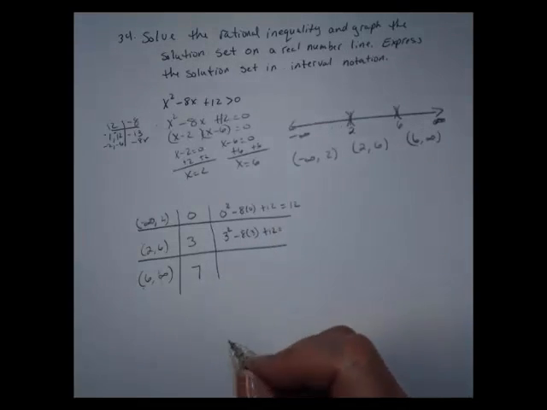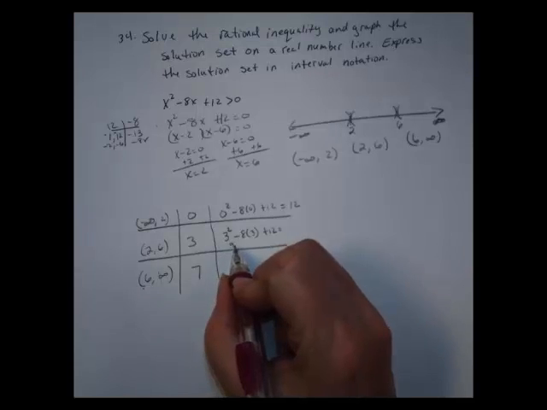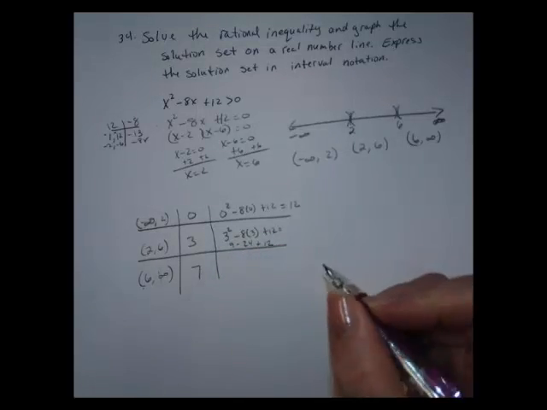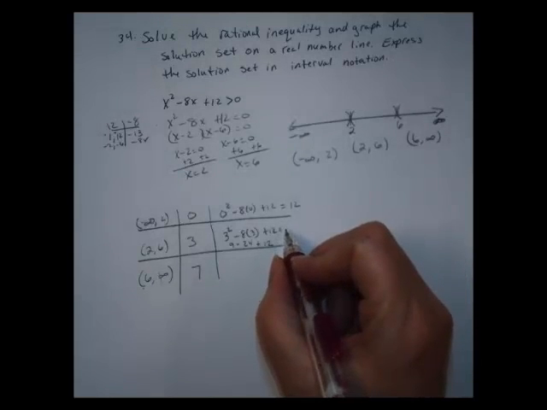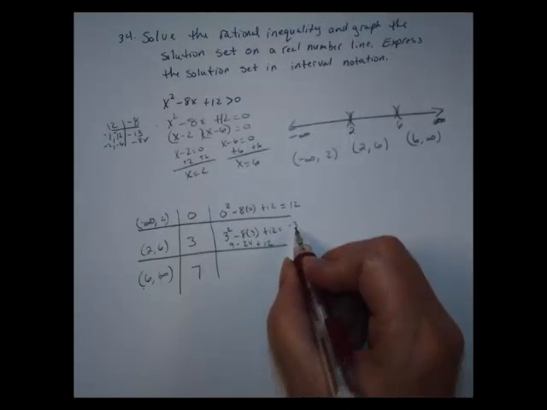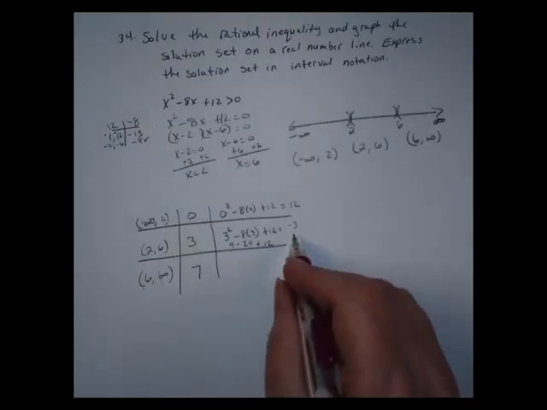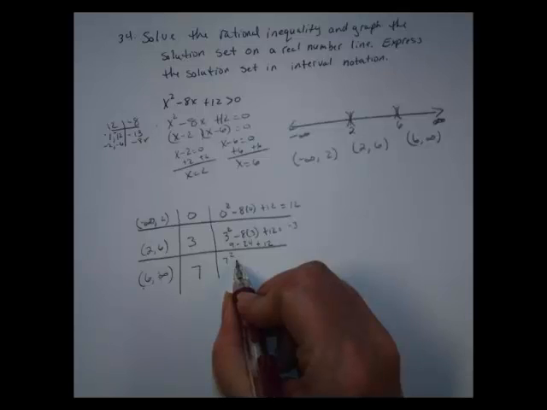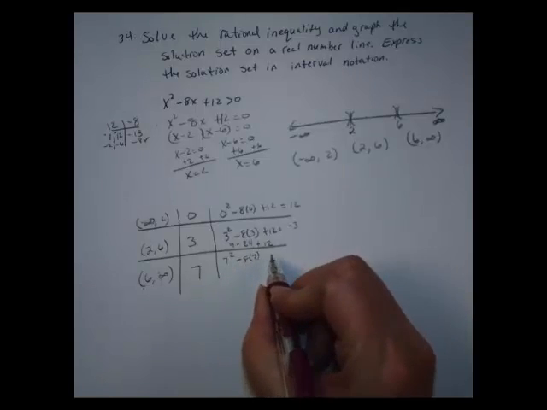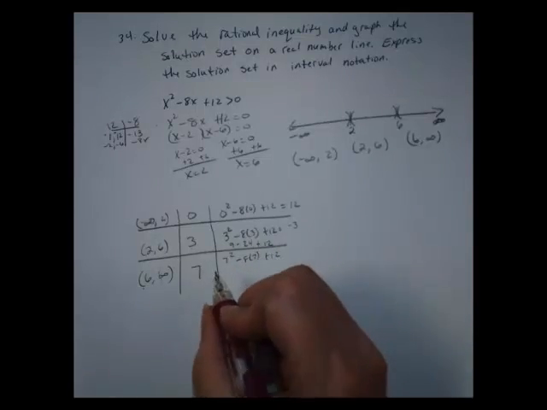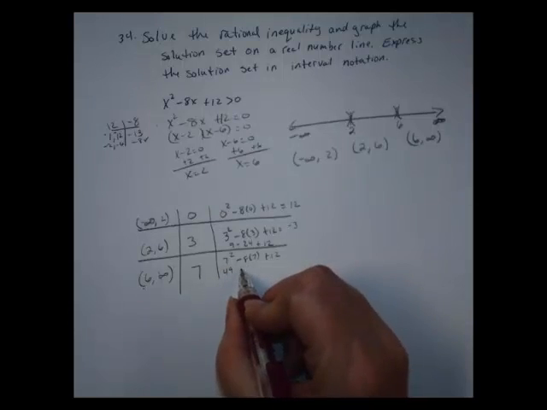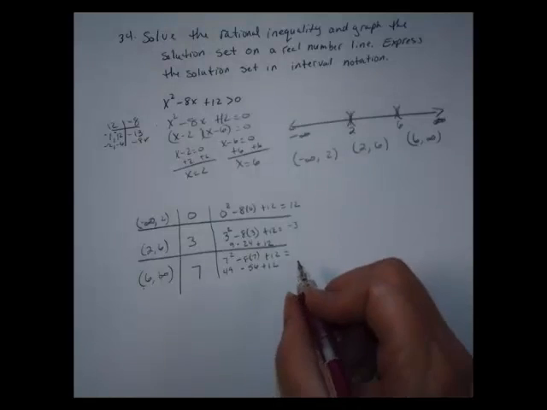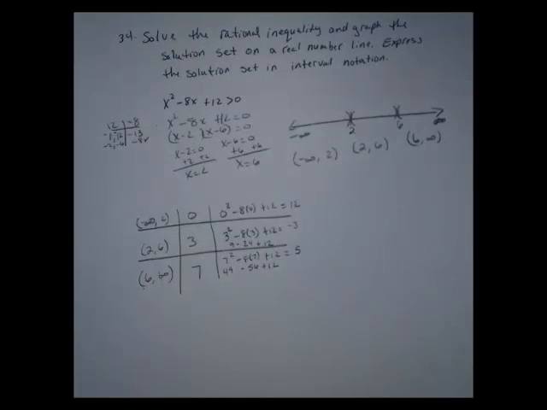Well, 3 squared is 9. 9 minus 24 plus 12 is actually going to get me negative 3. So negative 3 is our number there. And then on the last one we have 7 squared minus 8 times 7 plus 12. Well, this will get us 49 minus 56 plus 12, and when we total that, it will get us to 5.